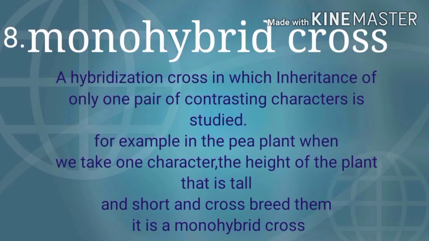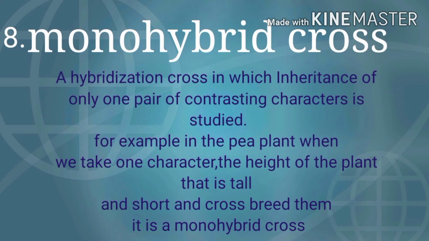Let us now see the next term, monohybrid cross. A hybridization cross in which inheritance of only one pair of contrasting characters is studied. For example, in the pea plant, when we take only one character, say the height of the plant, that is tall and short, and crossbreed them, then it is a monohybrid cross.